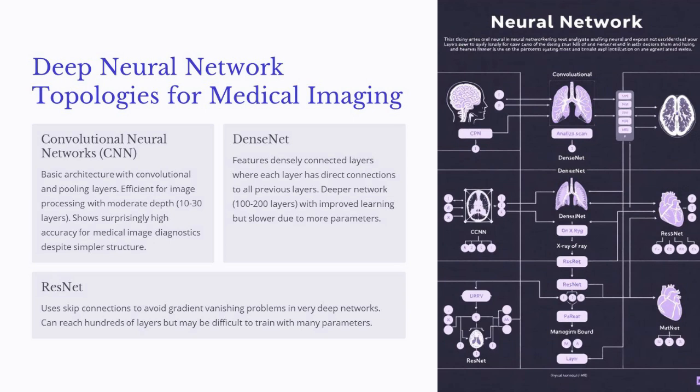All these deep neural networks are usually used for work with images, and in medical tasks, usually we talk about X-rays or results of tomography and so on. So for work with these images, we usually use neural networks which demonstrate not bad results in these tasks.